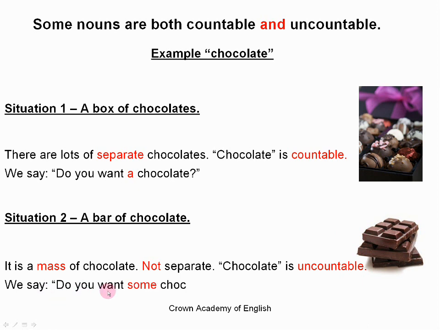And we say, do you want some chocolate? We treat it like an uncountable noun. Okay? So, when you learn new nouns, it is important to decide and to learn if the noun is countable or uncountable or both. Sometimes it is both.